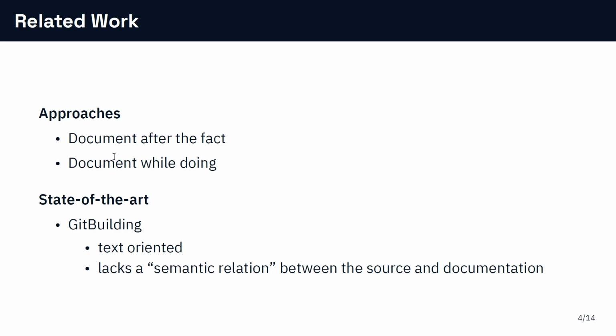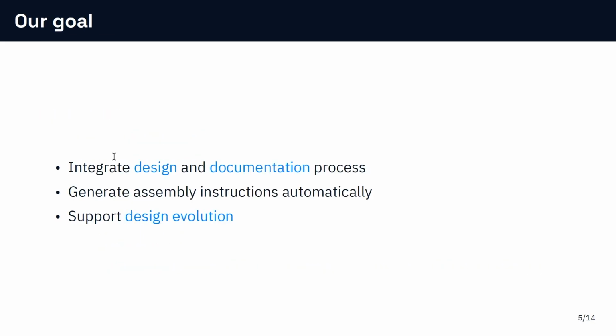It's more text-oriented than our approach, but we feel that it lacks a semantic relation between the source, the CAD computer-aided design files, and the documentation. And that's what we're trying to improve on, and we're much more visually oriented. So our goal is to also step away from documenting after the fact, to document while doing.